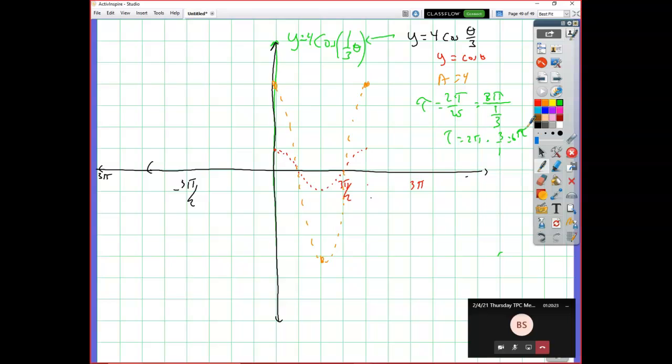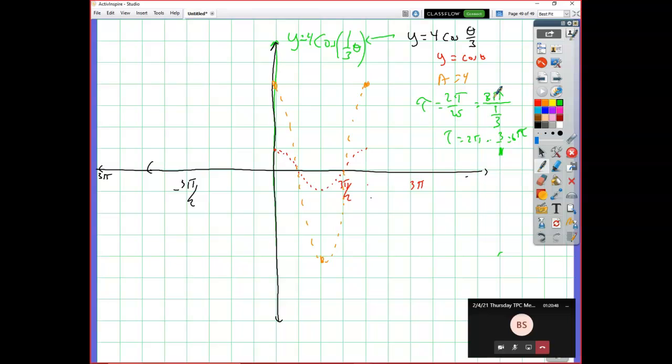Let's pause there and make sure everybody's with us. Anybody not with us on the 6 pi? What's the number for the 6 pi? 2 pi over 1/3, so we're going to flip and multiply.